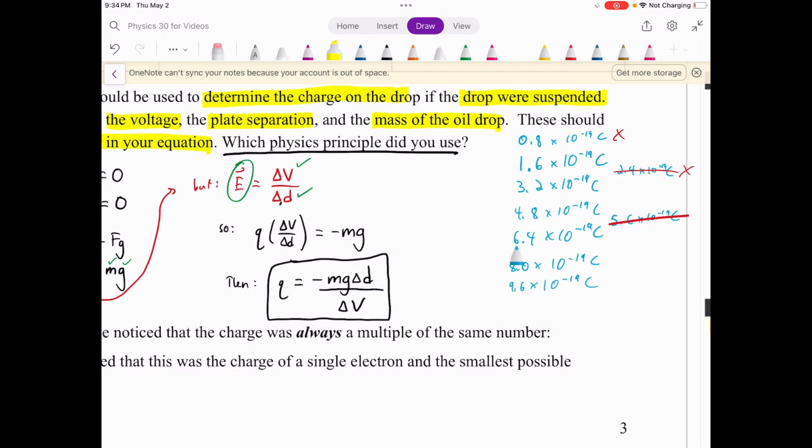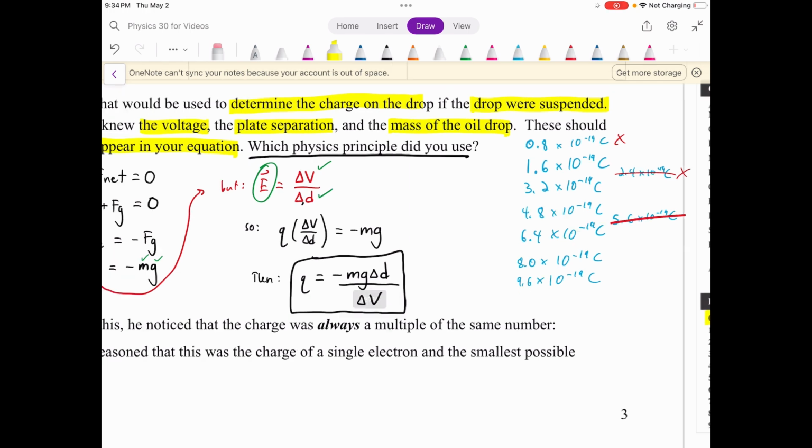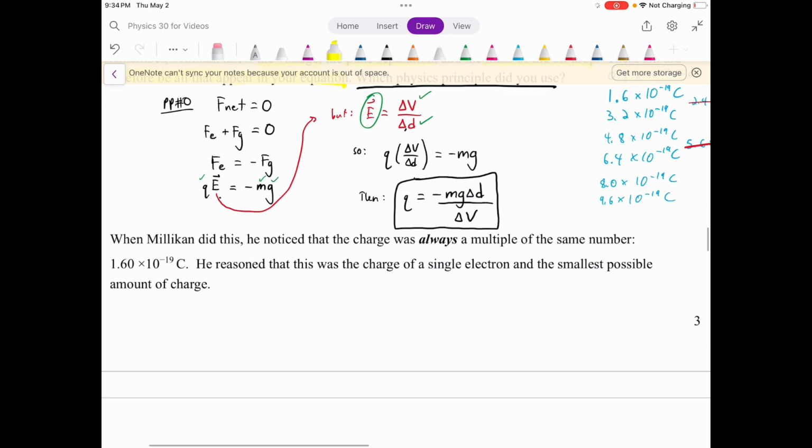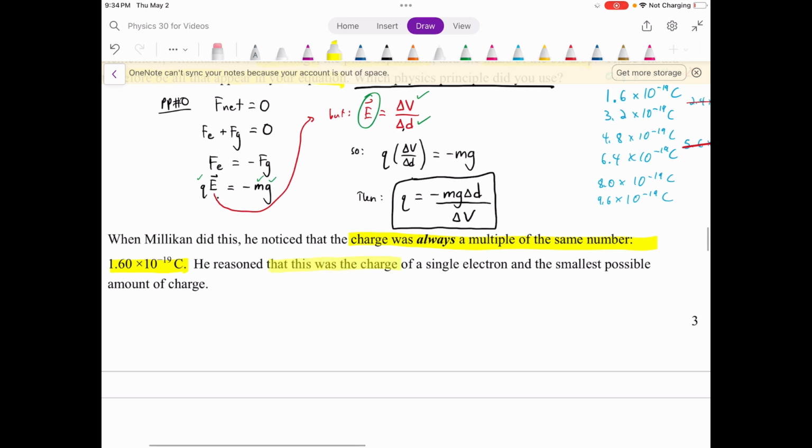Or 3.2 or any non-integer number. So he noticed that the charge was always a multiple of this number that you know and love, the elementary charge. And so he reasoned out correctly, as we've later proven with more precision, that this was the charge of a single electron and the smallest possible amount of charge. And again, it's the smallest possible amount because there's no such thing as half of an electron.